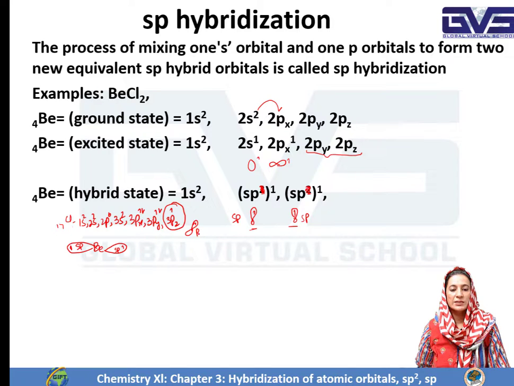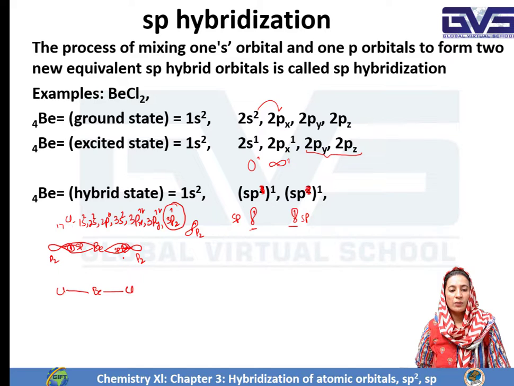So the pz of one chlorine will form a linear overlap with an sp of the beryllium. The other chlorine will also form a linear overlap with the other sp of the beryllium, and they will form sigma bonds. This is beryllium with chlorine and this is beryllium with chlorine.